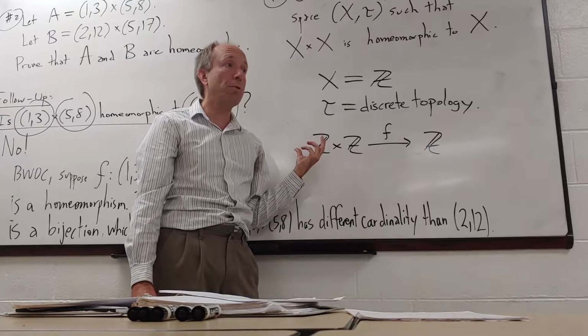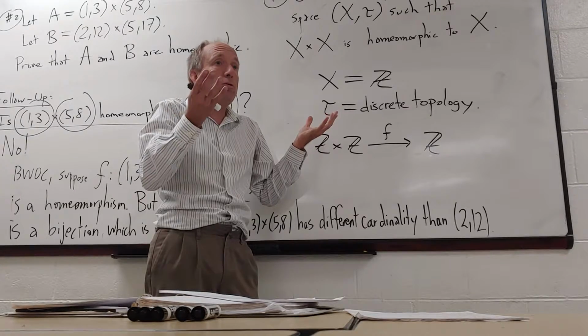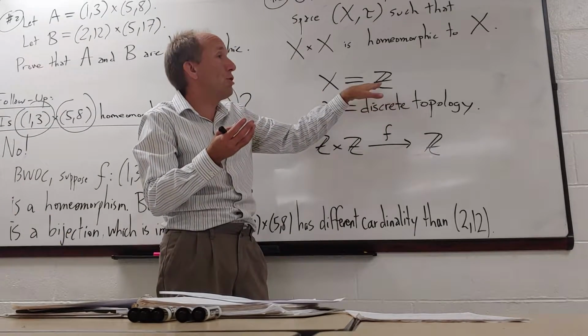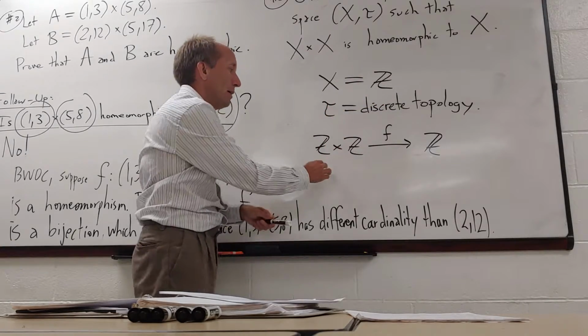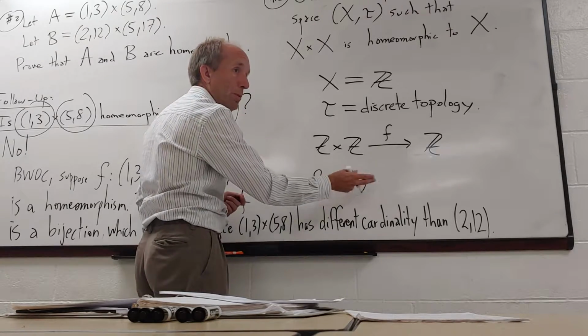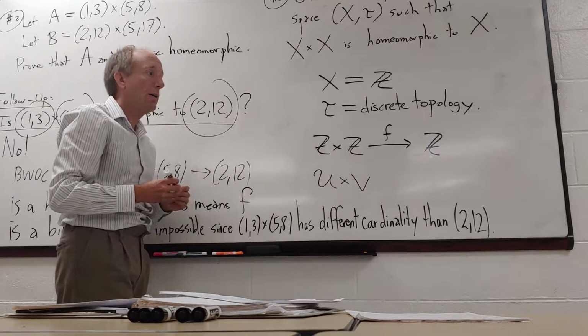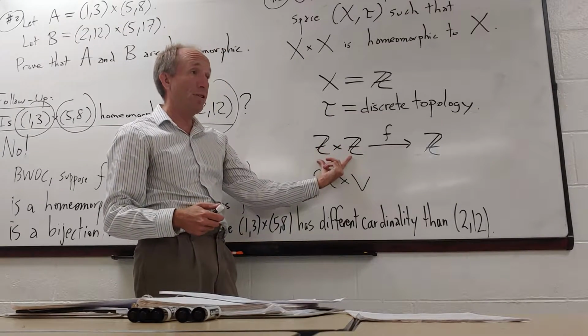But I do know that its pre-image is some set, right? And you just told me you want to use the discrete topology on Z. So what do the open sets look like in Z cross Z? Basically unions of open sets like this, union cross. So every point is open. So is everything in here open?